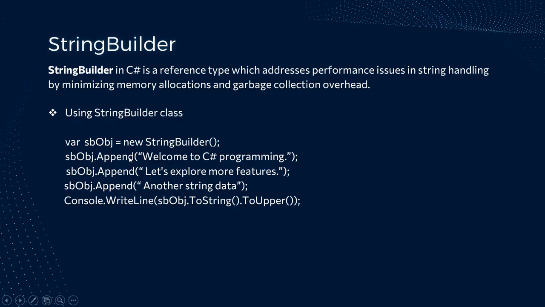In this way you can add many strings, and at last you can print sbObj.ToString. Again it becomes one whole sentence, and then you can make it ToUpper.